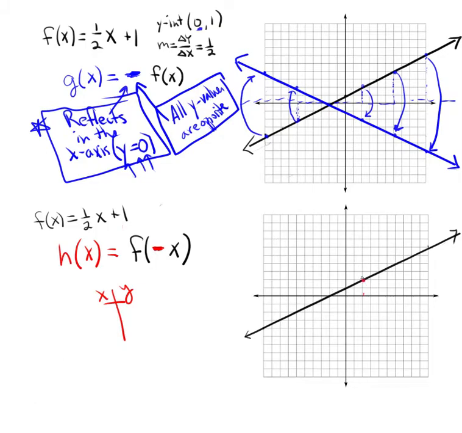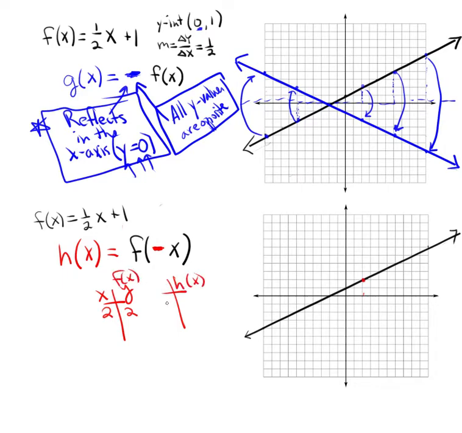So when x is 2, y is 2. But what's going to happen is, for our h of x function, when x is 2, let me do h of x here. This one's f of x.